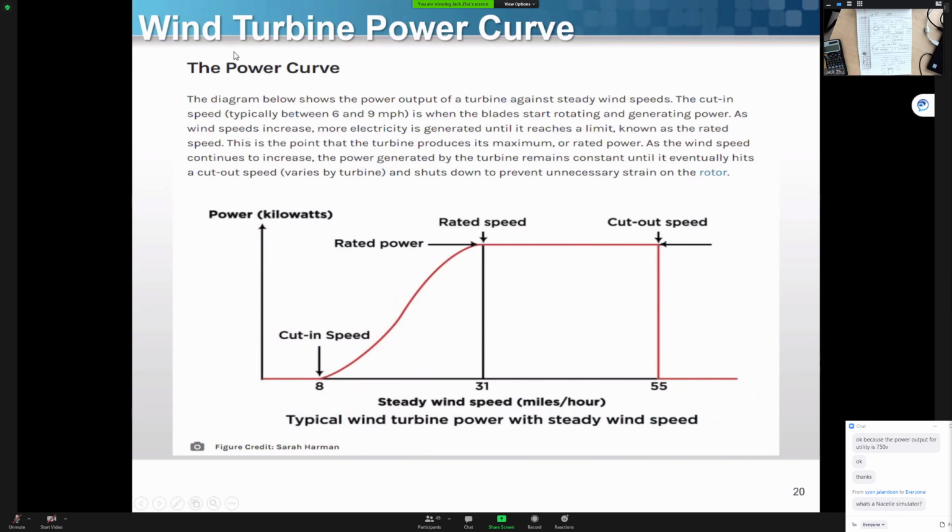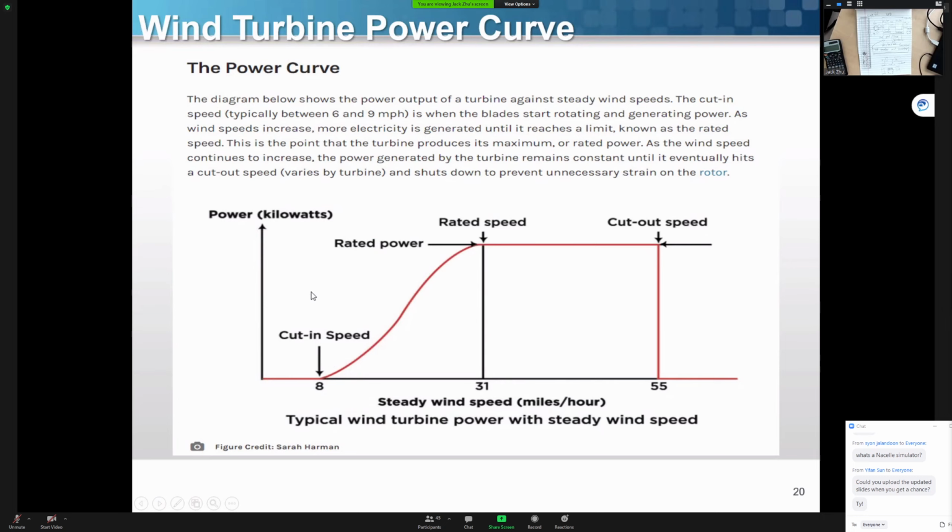Another one is called the wind turbine power curve. This is a diagram I copied from one of the websites.